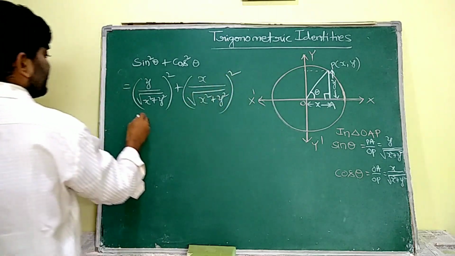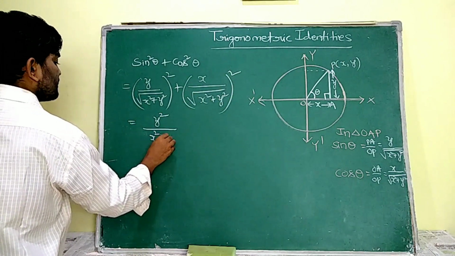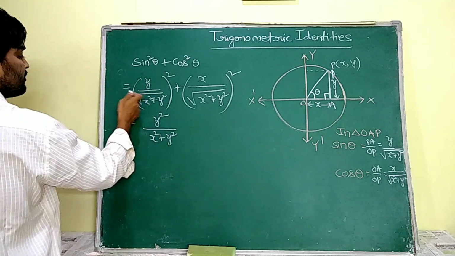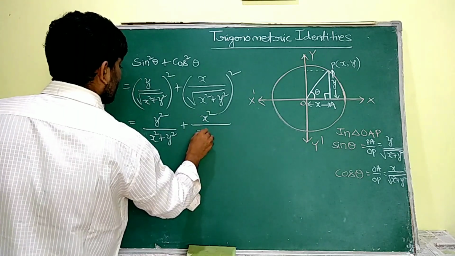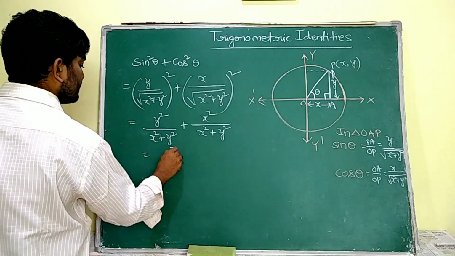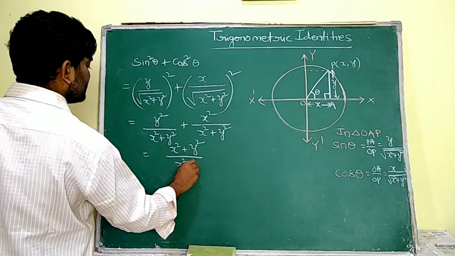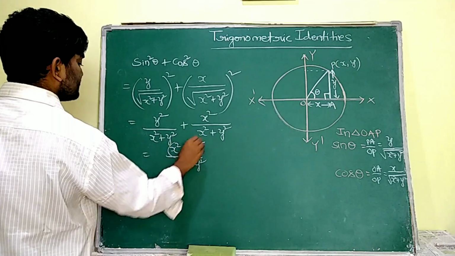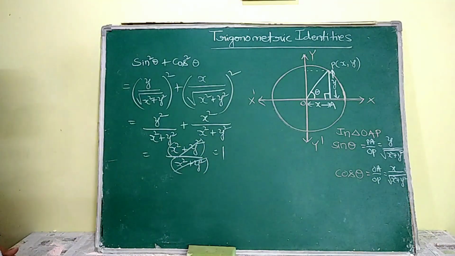Simplify this: y square by x square plus y square, because the square and root cancel. Here x square by x square plus y square. These two are like fractions, so we get x square plus y square by x square plus y square. The numerator and denominator cancel, and we obtain its value as 1.